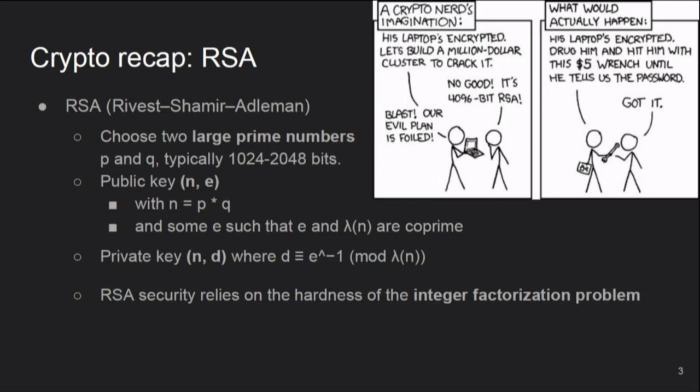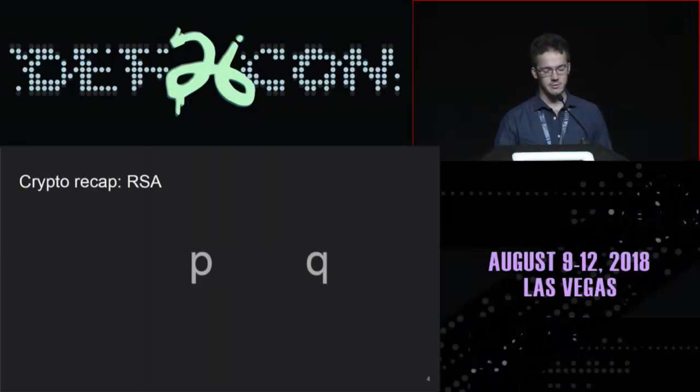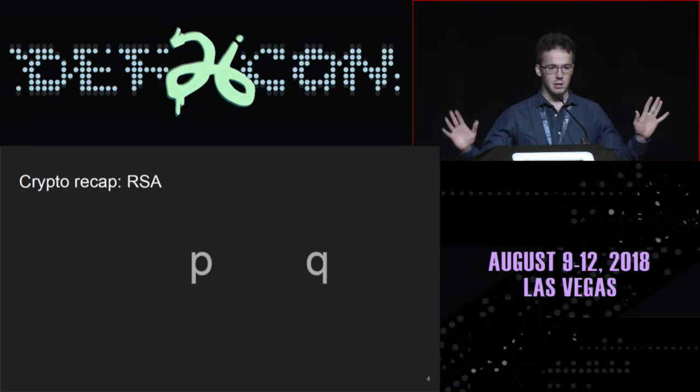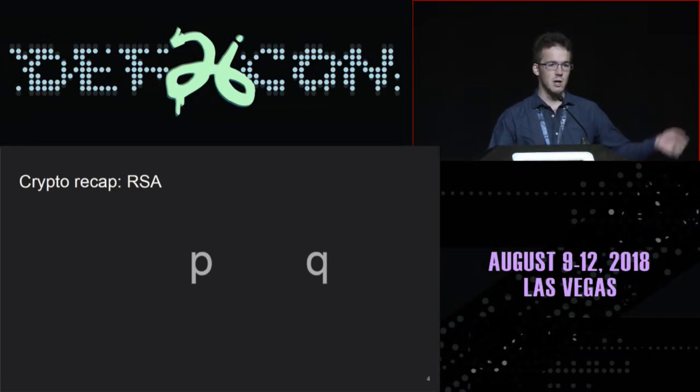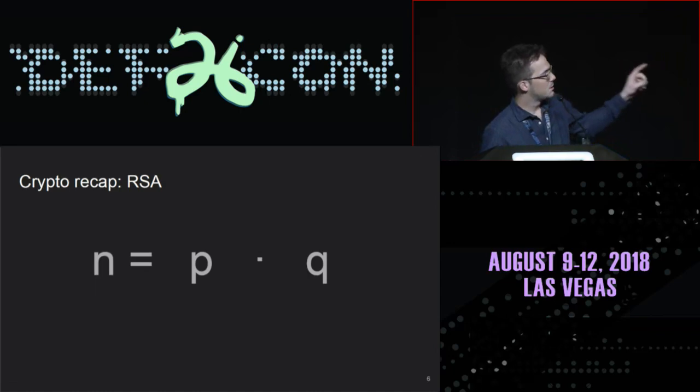You just need to take two large prime numbers. So you take P and Q prime, really large, 2,000 or more bits, ideally. You multiply them together. Awesome. You get N. That is your public modulus.